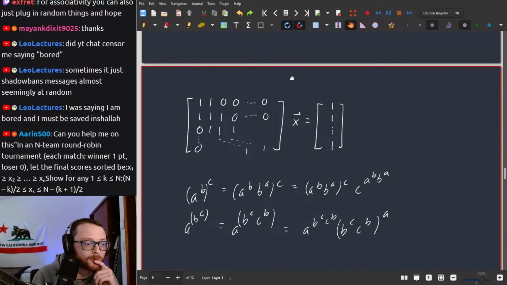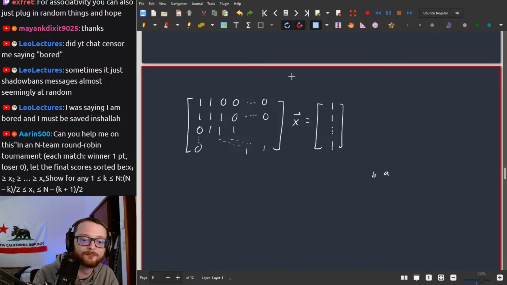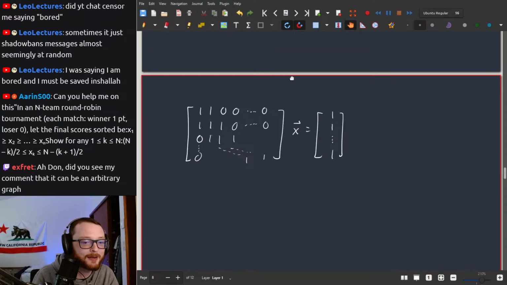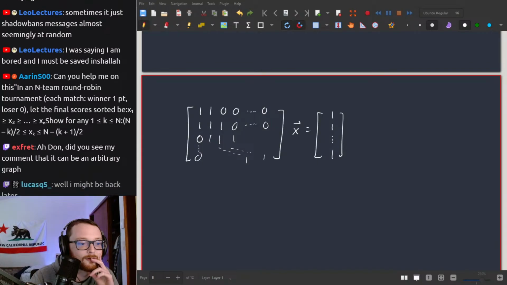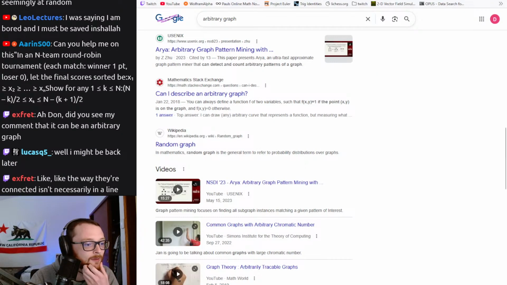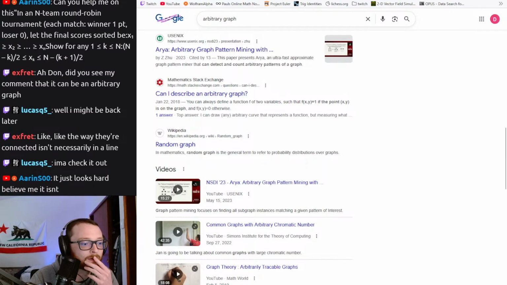Aaron, that one looks a little beyond me. I don't think I'm gonna know how to do that one. Oh, I did see that. It didn't mean that much to me, though. What is an arbitrary graph? I know that matrices have a connection with graphs. Might be back later? Alright, sounds good. The way they're connected isn't necessarily in a line.